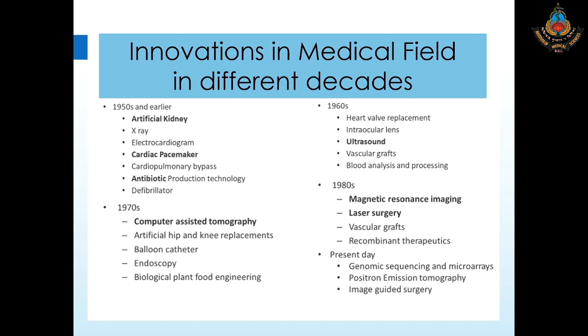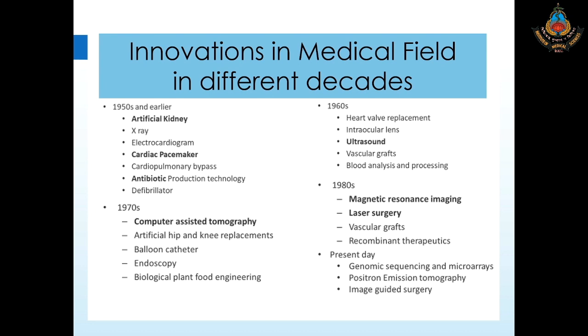The ultrasound is used to study the soft tissue objects of the body. And in 1970, the CT scan, computed tomography scan, was introduced, which is used to study the bony objects inside the body. A continuous 3D image is produced by this.